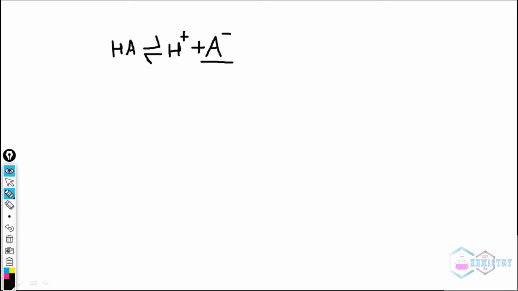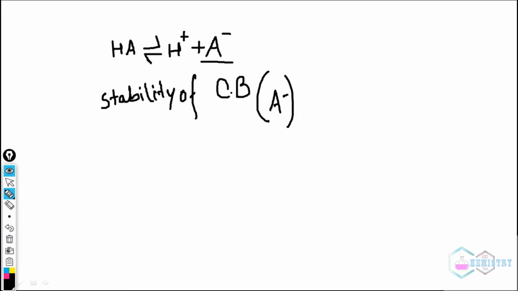If the A minus is stable, then the reaction will go in the forward direction and the acid will be stronger, and if A minus is weak, the acid will be weaker. So the basis of acidic strength is the stability of the conjugate base, that means the A minus.